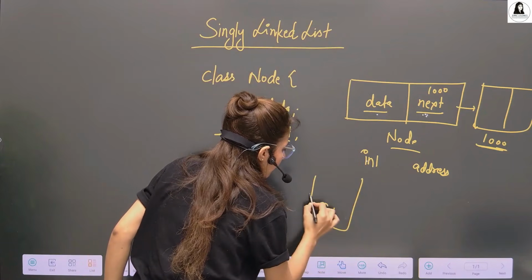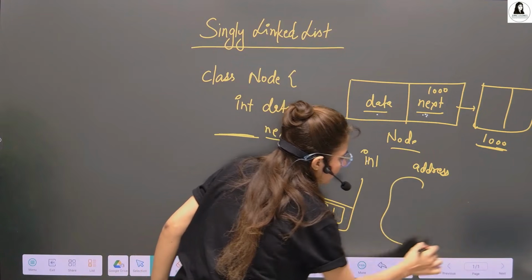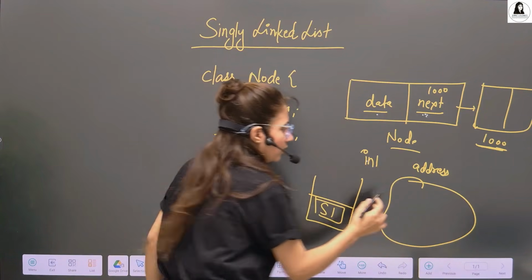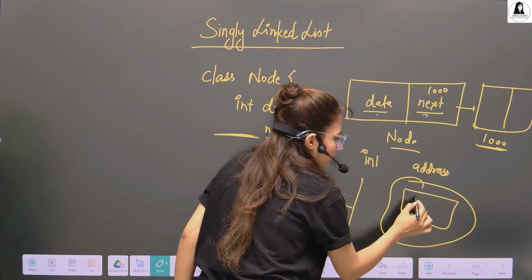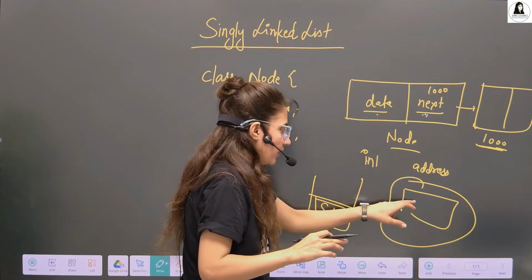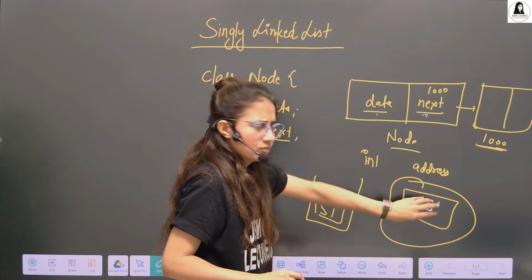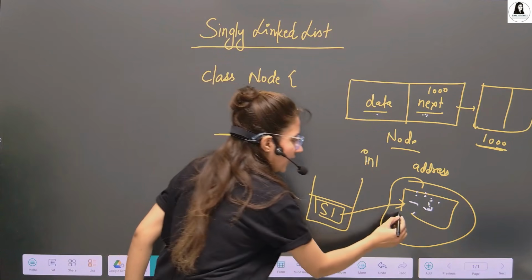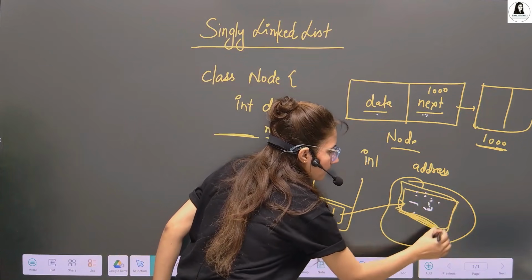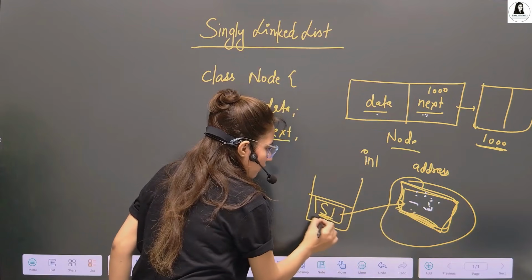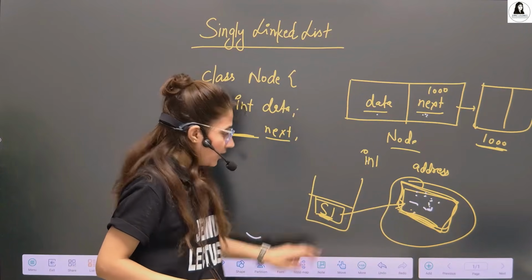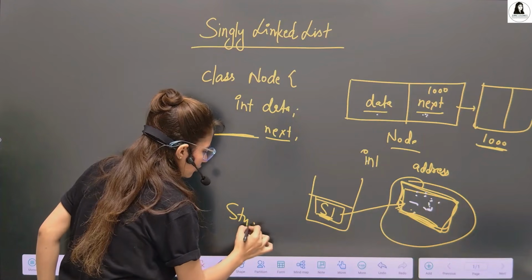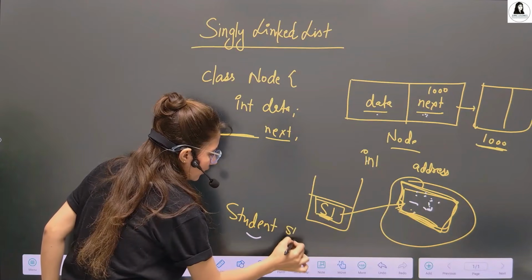In stack we are having s1. In heap we are having the actual object, whatever is there for that class. In that object we are having name, address and all. So the actual data is here. s1 is pointing to this object. So basically the address of this actual object is in s1, and this s1 is of type student.